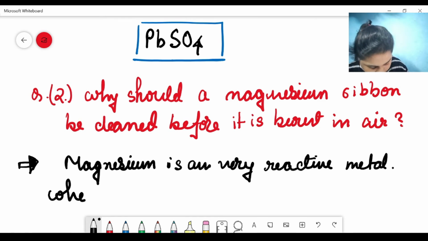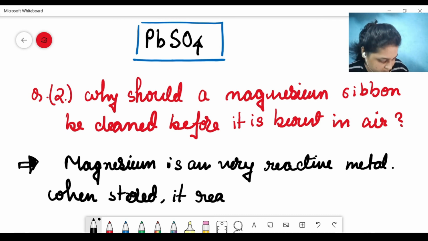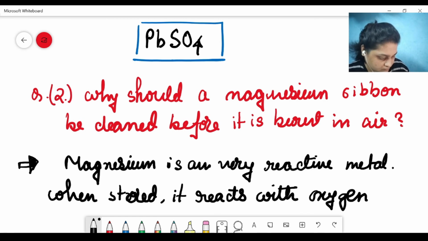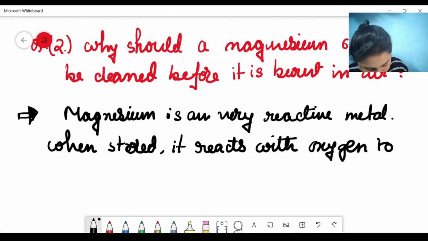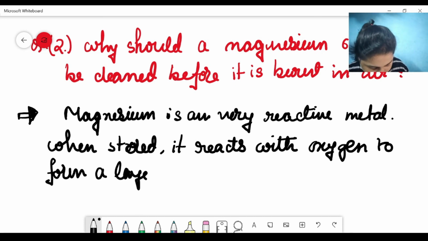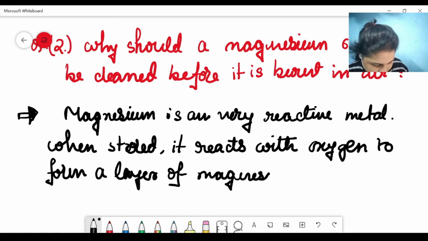When stored, it reacts with oxygen to form a layer of magnesium oxide on its surface.